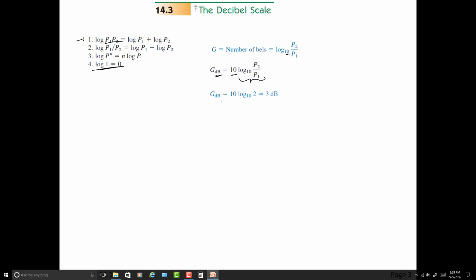The decibel, there's a couple of important decibel numbers. The decibel of the number 2, if you do the math, is about 3 decibels. And so you often hear talked about the 3 dB point. And what that means is the power doubles, or whatever the transfer function is, the value doubles.